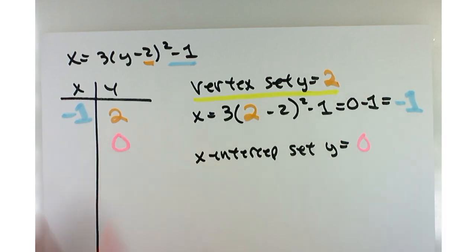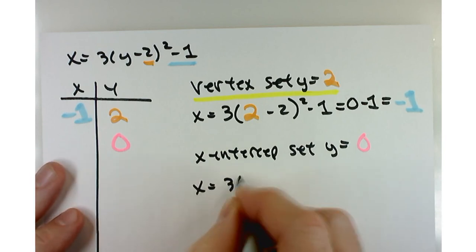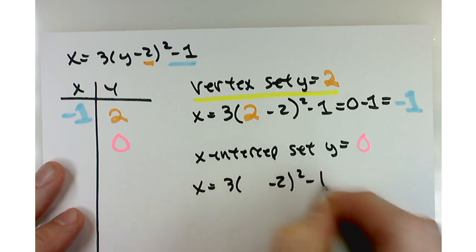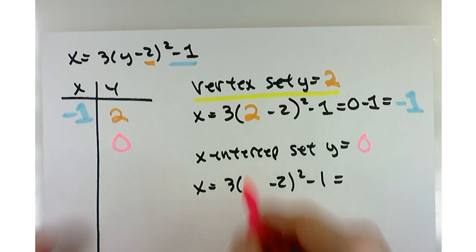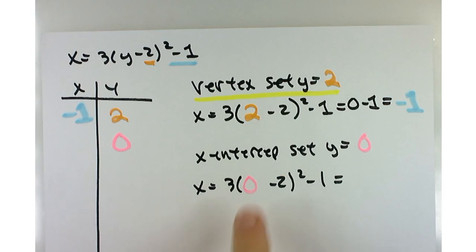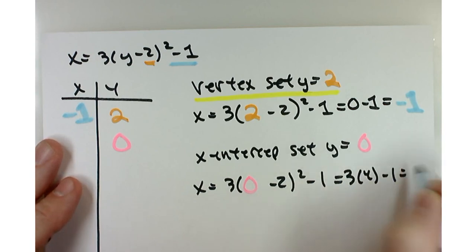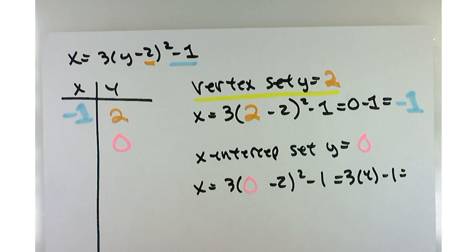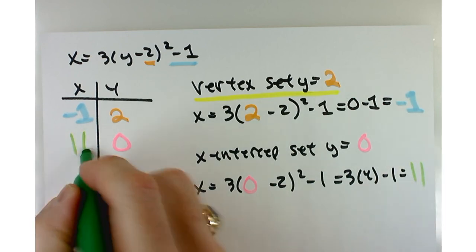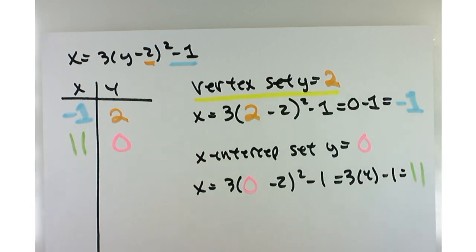So if I set y equal to 0, well, got a little bit of work to do here. x equals 3 times 0 minus 2 squared minus 1. -2 squared is 4, so it's 3 times 4 minus 1 gives me 11. So y equals 0, x equals 11, 2 down, 2 to go.